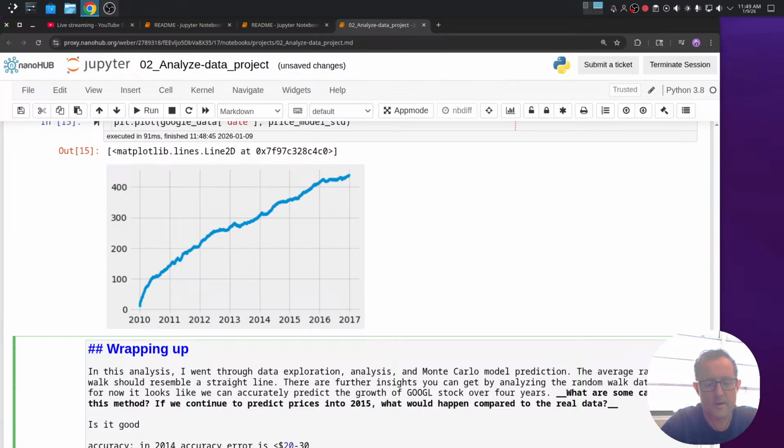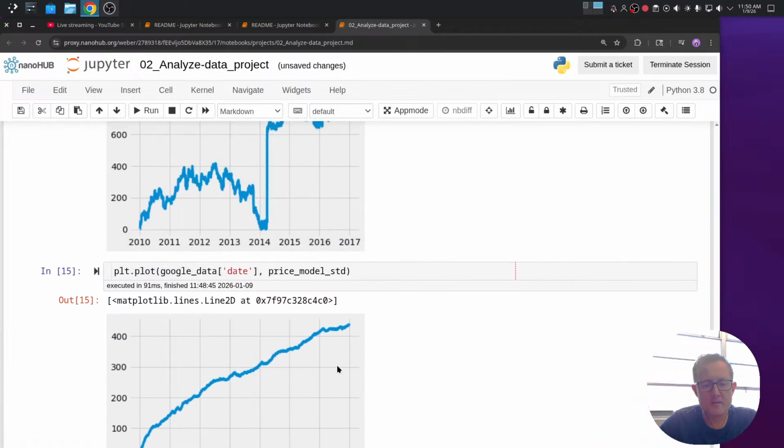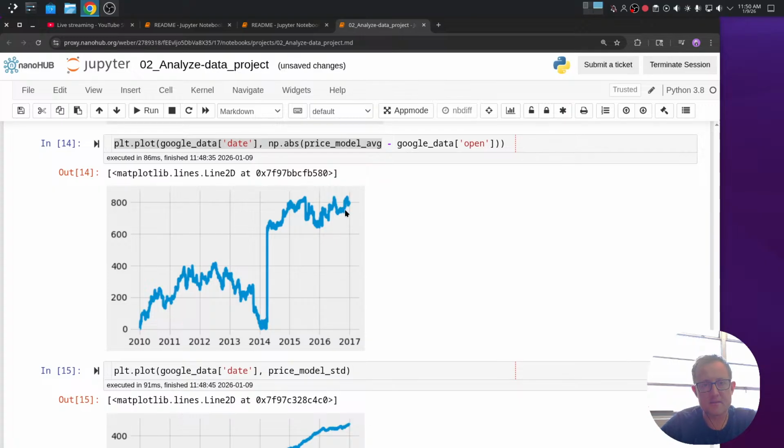Let's say early 2010, the first six months, $10 to $50. In 2017, standard deviation equals $450. $450 is half of the error that we're even predicting.